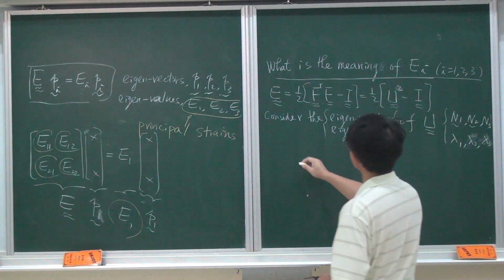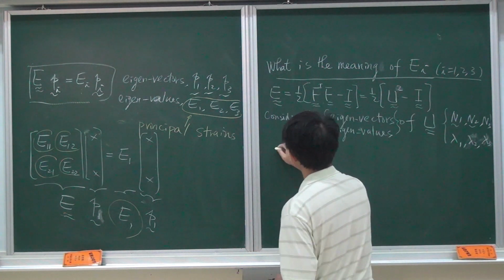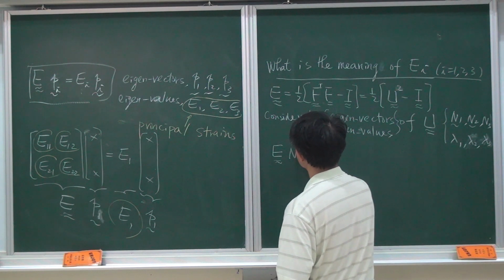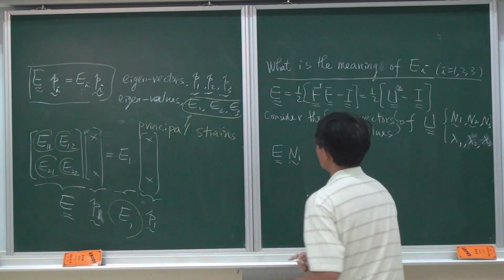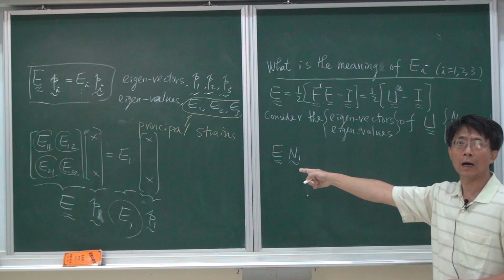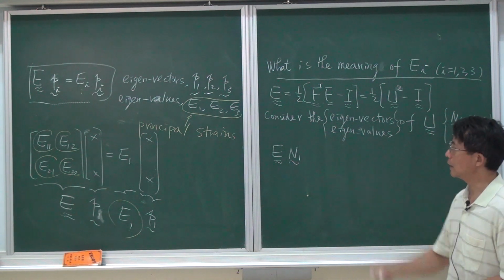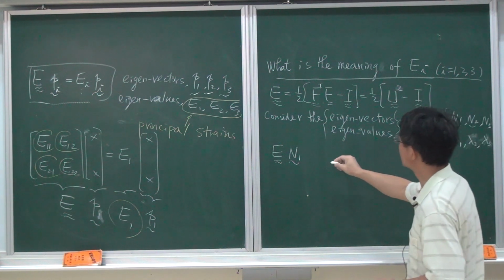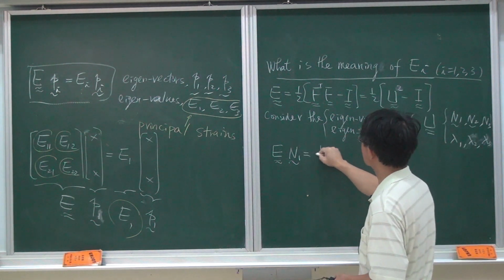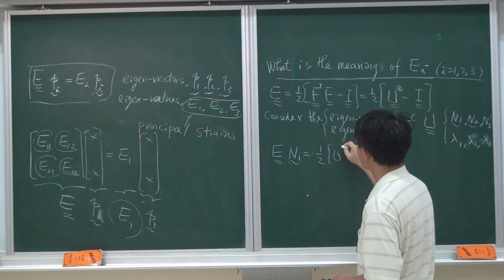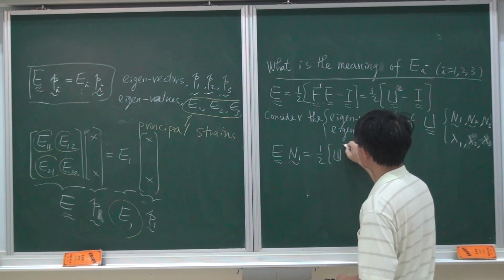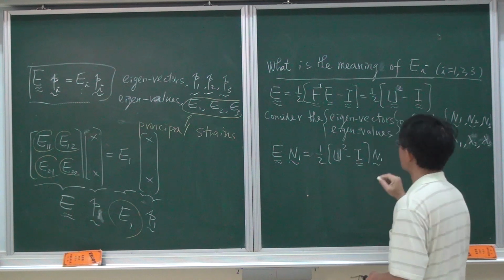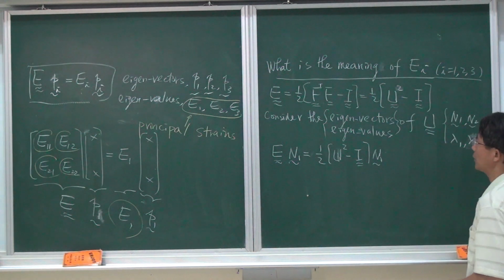Now let us multiply this E matrix by the eigenvector of U. What will you have?